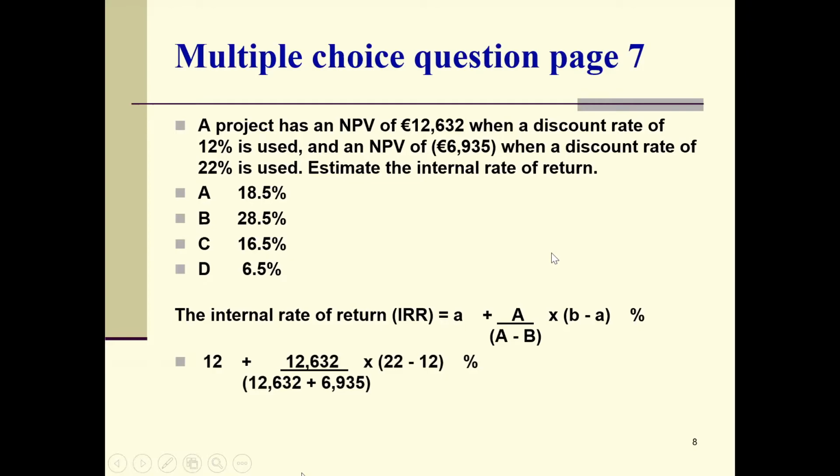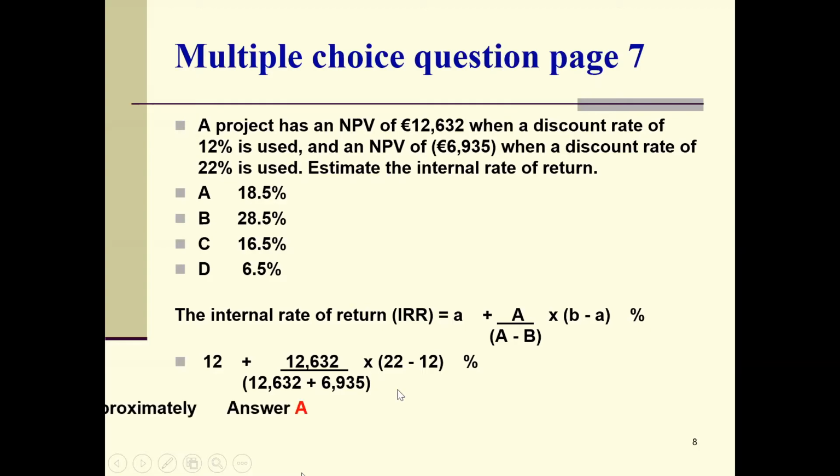The numbers, as you read them: lower discount rate, higher discount rate, NPV at the lower, and a double negative kicking in here for the NPV at the higher rate. That minus B is a minus 6,935, hence the positive score. So what you'll end up with here is about 10, and what you'll have here is 12,500 divided by whatever, 19,000 or so.